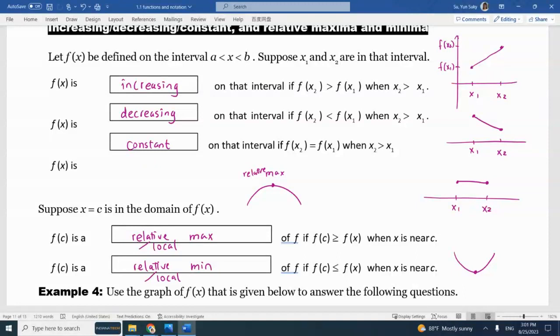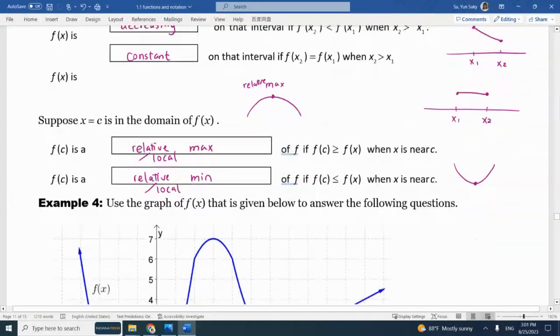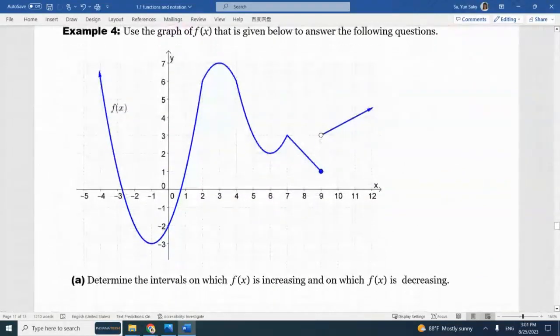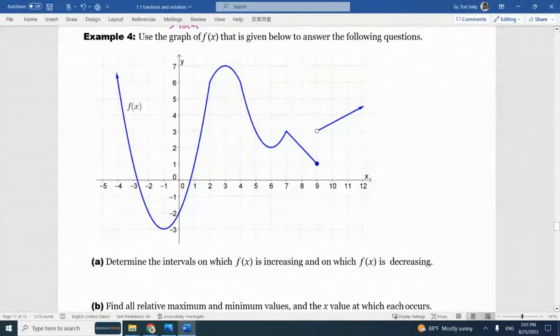Okay, very good. Use the graph of f of x given below to answer the following questions. Determine the intervals on which f is increasing and on which f is decreasing. Looking at the graph is like riding a roller coaster. You're riding here and this is decreasing, right?